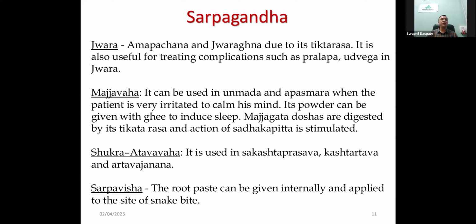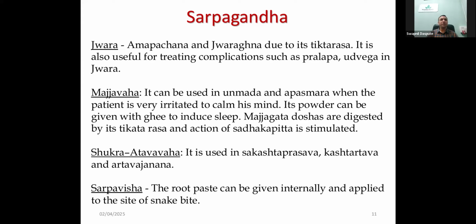Its powder can be given, as we studied in the previous slide. It reduces the blood pressure, it reduces the functioning of the heart. It will calm down particularly the mind, so irritability will be reduced. Its powder can be given with ghee to induce sleep.